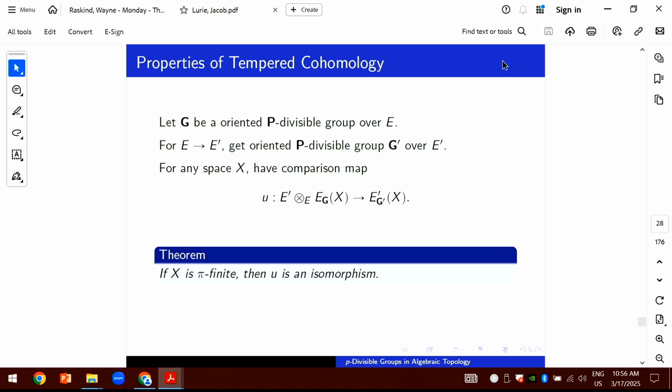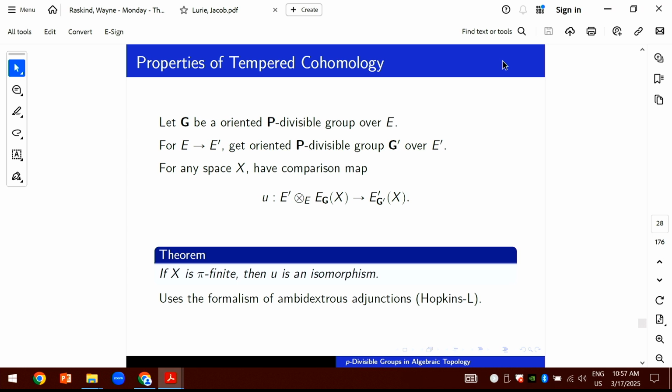I want to emphasize this theorem should be surprising, because this would not be true if I was talking about ordinary E cohomology rather than tempered E cohomology. This is the kind of behavior that you would expect if a space X was a finite CW complex. And again, finite CW complexes are almost never pi finite. And the proof of this uses the formalism of ambidextrous adjunctions, which is joint work with Mike Hopkins.